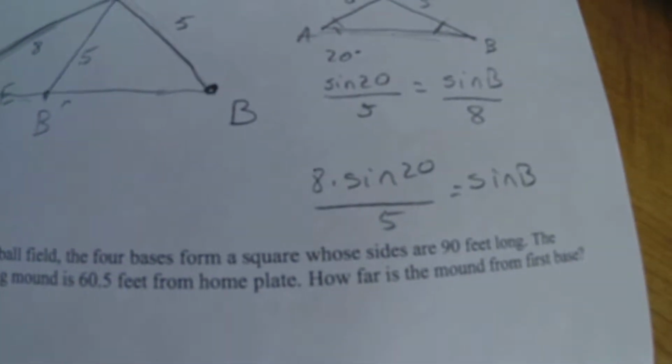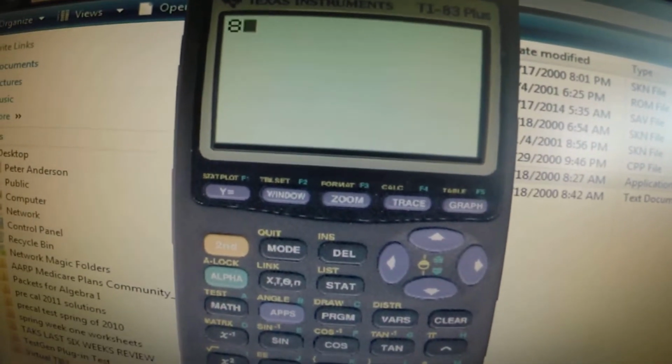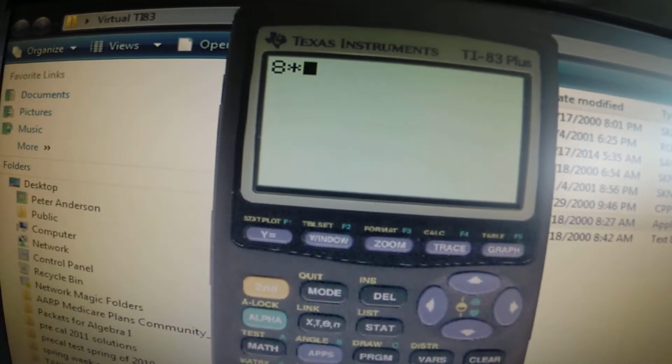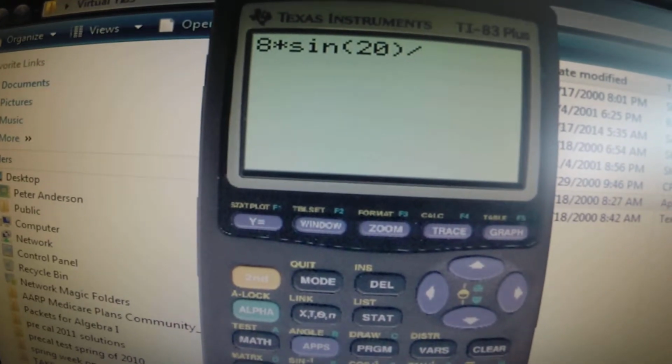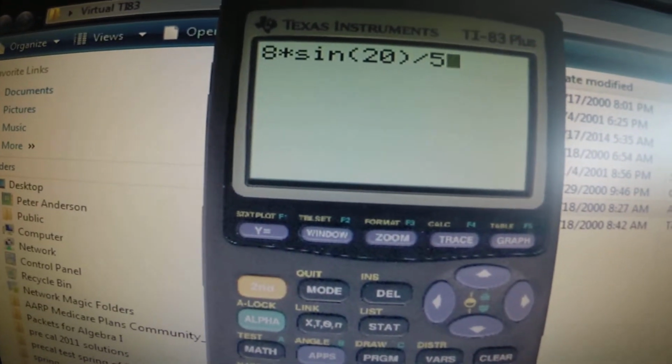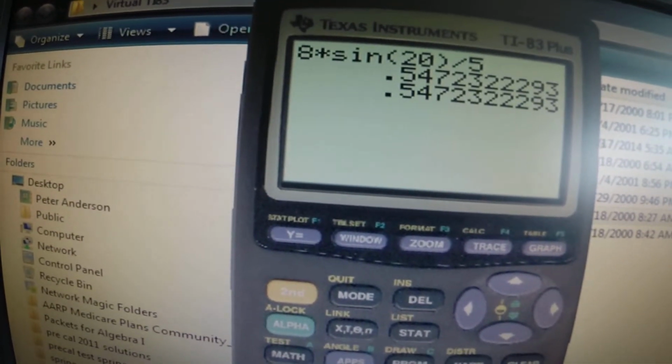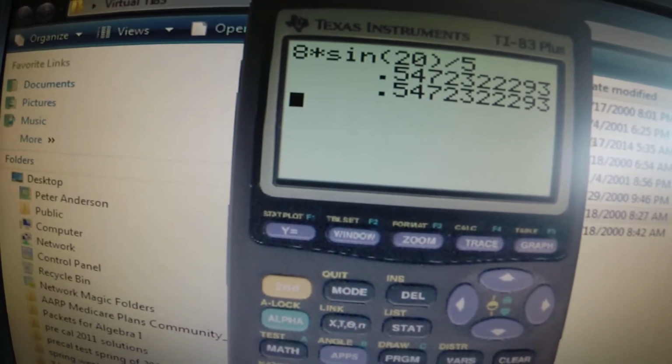It's going to be 8 times sine 20 divided by 5. And it gives me 0.547.